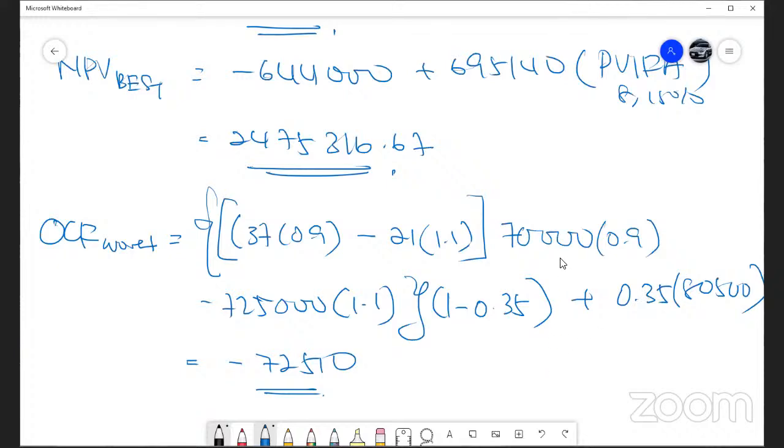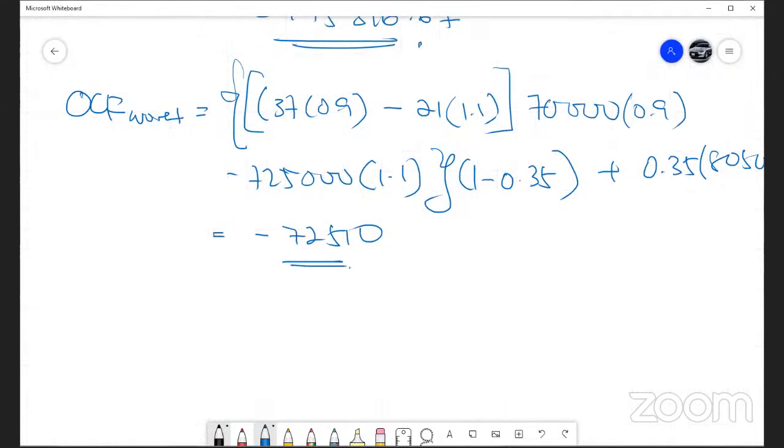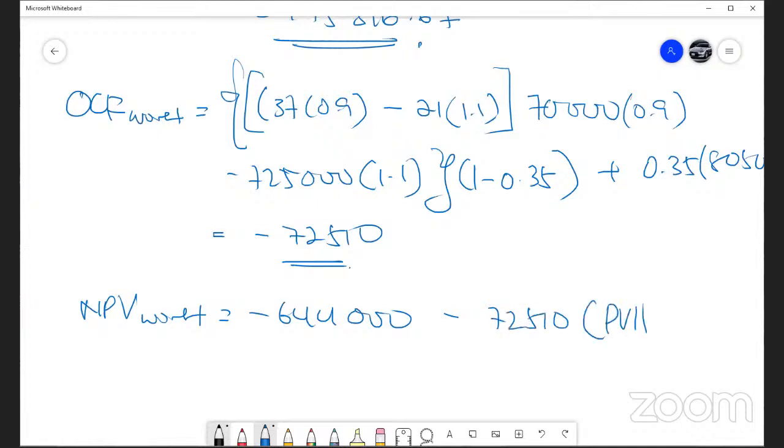So now calculate the NPV of the worst case scenario. Negative 644,000 minus 72,510, 8 and 15%. If you use a calculator, I'm going to show you again.